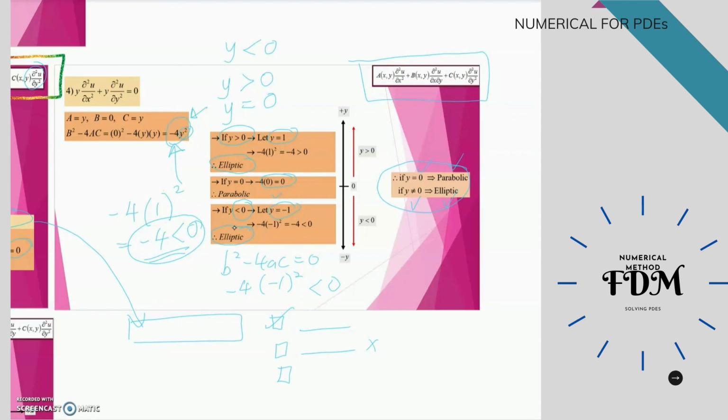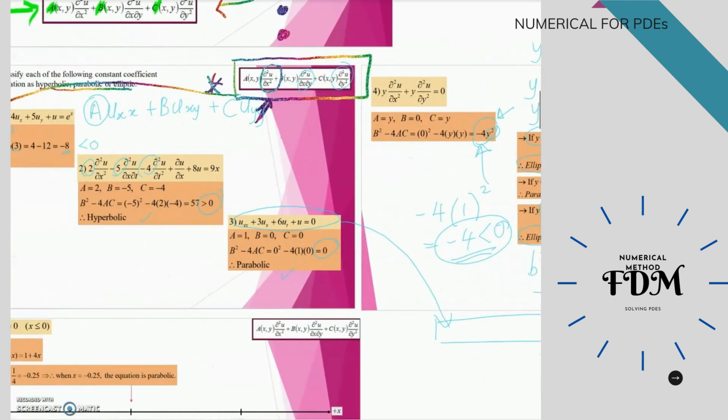The statement 3 is, if y not equals to 0, the classification of this function could be elliptic. True or false? So true. So I have 2 correct statements. This is the way I can test your understanding regarding the classification of partial differential equations.